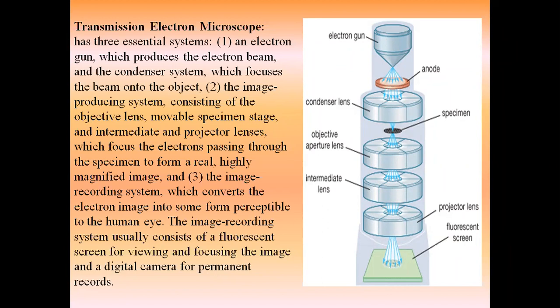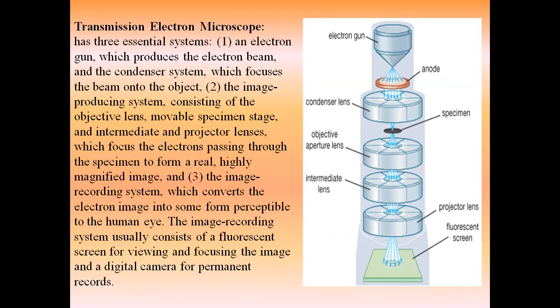In the electron microscope, the lenses, the condenser lens or the objective lens, are actually made up of copper coils. There is no glass, but a series of copper coils.